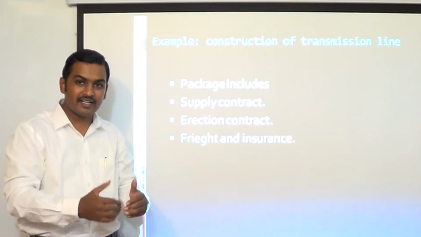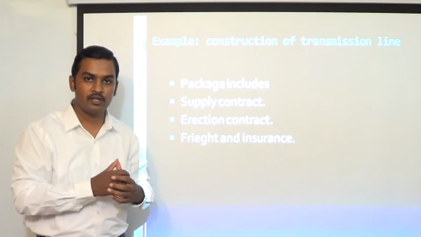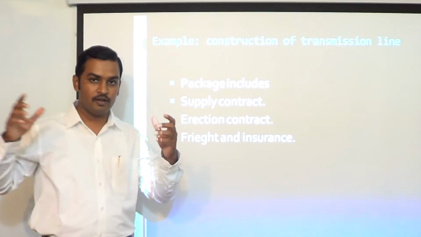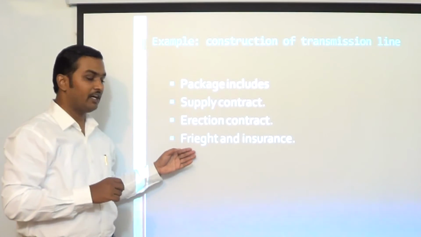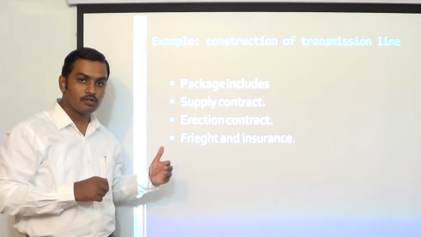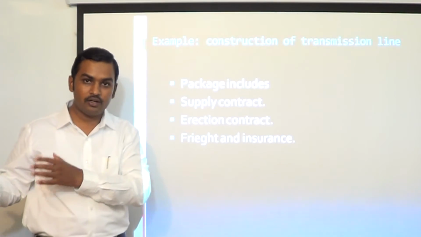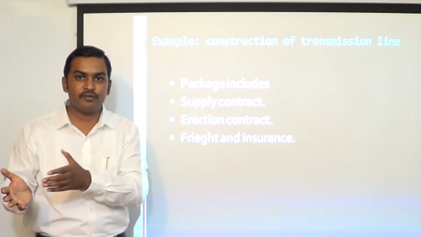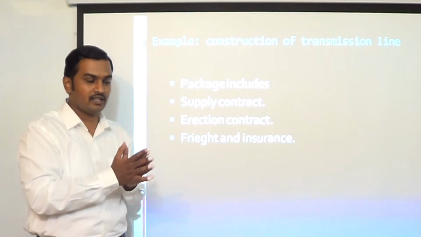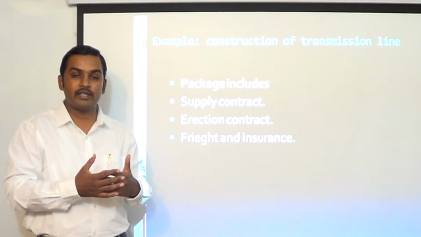So you have to erect these tower parts into those transmission towers, and you have to pull those conductors from one place to the other, and you have to erect them on the transmission towers. And freight and insurance, that means the customer is also ready to reimburse the freight which is incurred for transporting these tower parts from the factory where they are manufactured to the location where they have to be erected. And insurance, so during transportation, insurance is also going to be reimbursed by the customer.